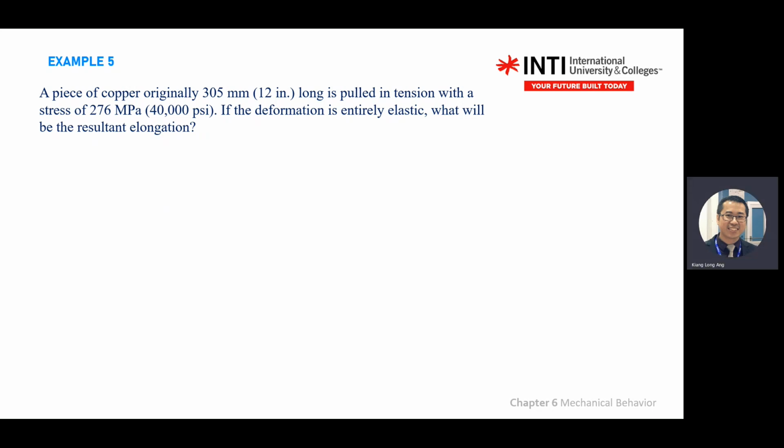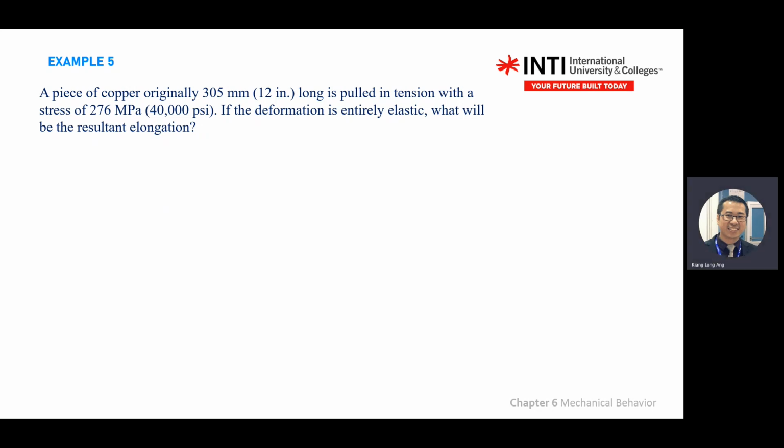If the deformation is entirely elastic, I give you elastic. So elastic means you can use either normal stress equals E times strain, or shear stress equals shear elastic modulus times shear strain. In this case, it asks you the resultant elongation.